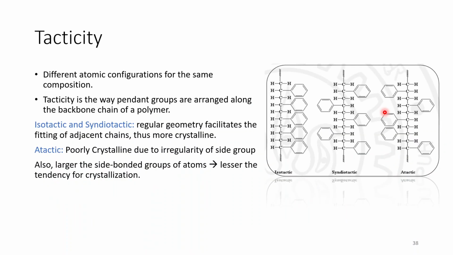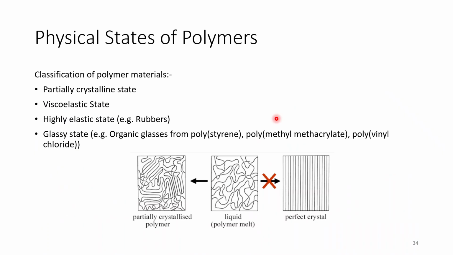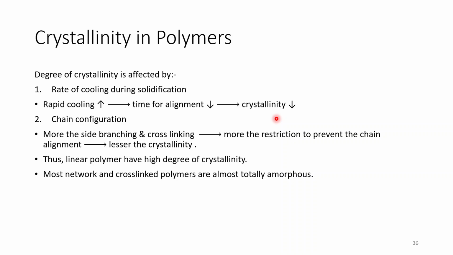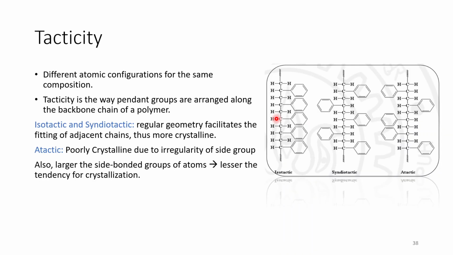Next is tacticity. So tacticity determines how easily your chains can move and how easily your material can be flexible. In case of tacticity, it is different atomic configurations for the same composition. So there can be different types of configuration possible.